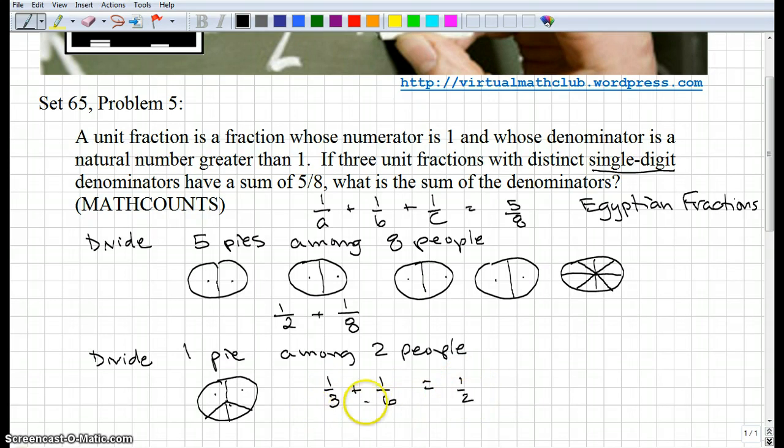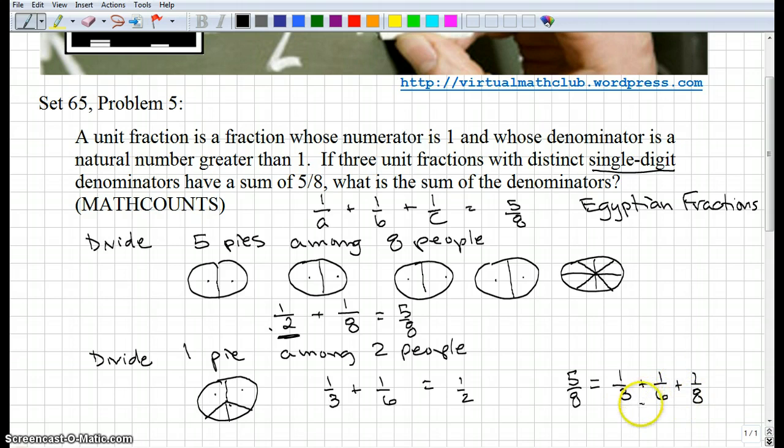So we can substitute this half here, in 5/8, and break a half into a third and a sixth. So 5/8 is equal to 1/3 plus 1/6 plus 1/8.